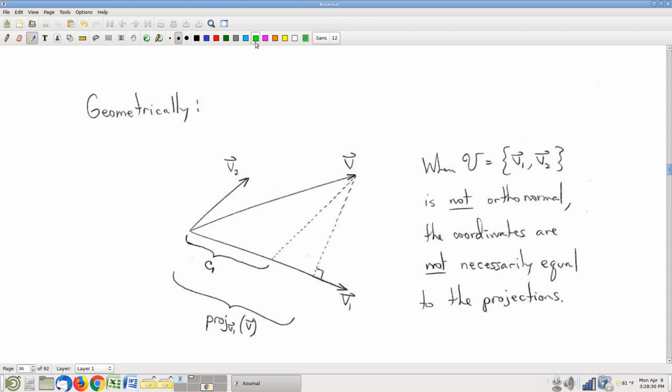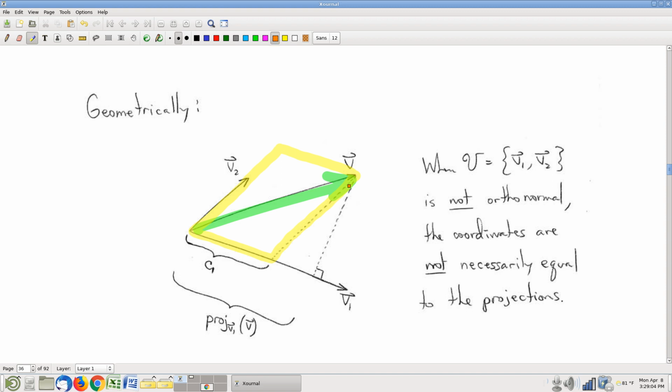Given a vector, how do you find the coordinates? Well, again, a bunch of details, but roughly speaking, we're trying to write v as a linear combination. And remember, linear combinations involve, details aside, drawing parallelograms. The way you scale and add vectors involves the creation of a little parallelogram. So this yellow parallelogram represents how you would compute the coordinates. On the other hand, how do you find a projection or a component?